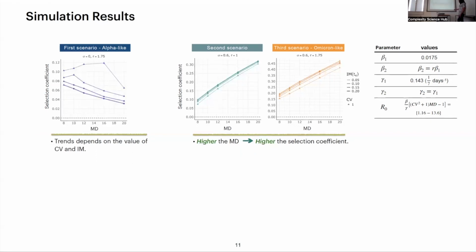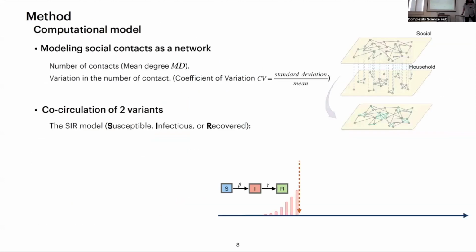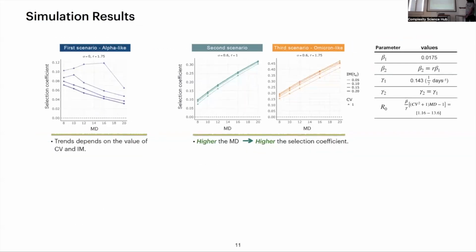So here I illustrated, again, I'm sorry, the selection coefficient as a function of mean degree this time. For the second and third scenario, we can see the selection coefficient increases with mean degree, or the density of network. But for the first scenario, the trend depends on the value of CV and immunity, so it doesn't have a smooth behavior.